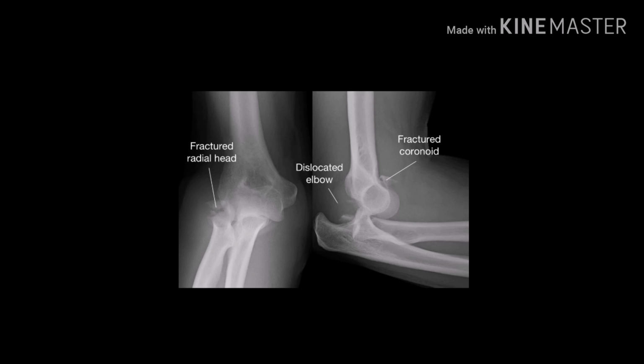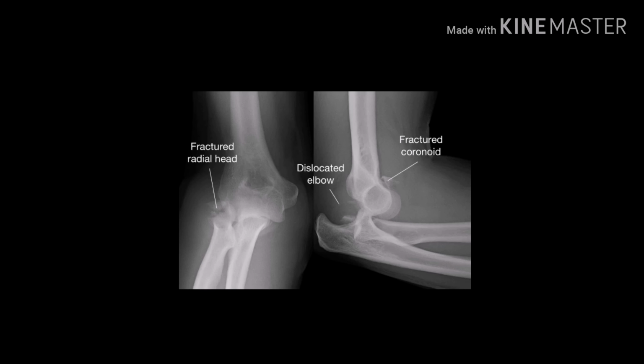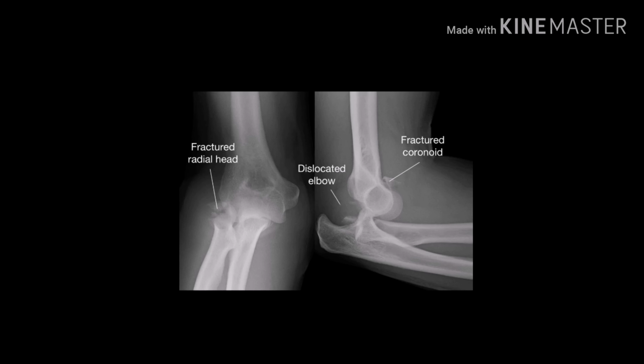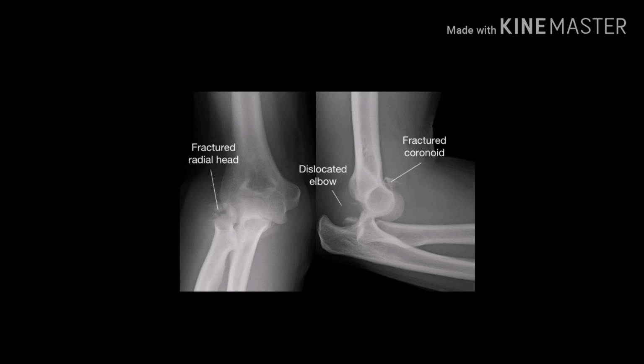Fracture dislocation of the elbow usually occurs in one of several distinct, recognizable injury patterns. These include posterior dislocation with fracture of the radial head, posterior dislocation with fracture of the radial head and coronoid process, the so-called terrible triad injury. Like this one, fracture of the coronoid, fracture of the radial head, and dislocation of the elbow. Terrible triad injury.